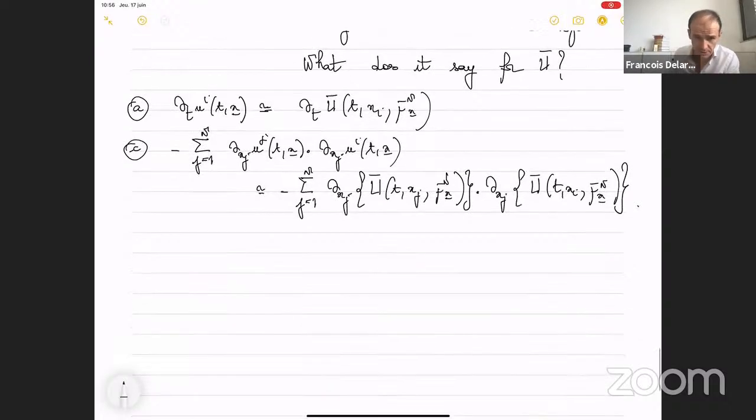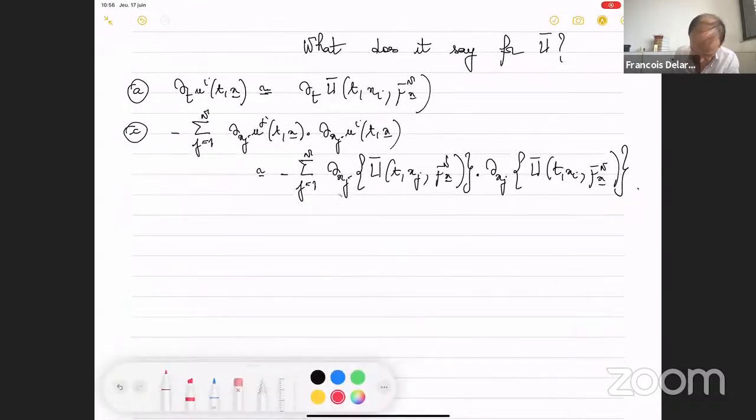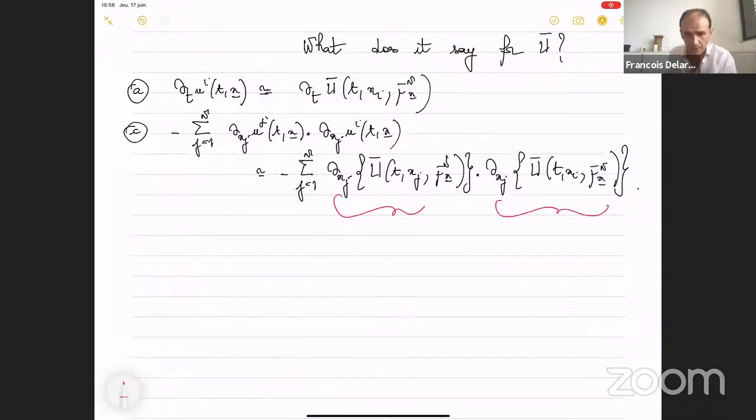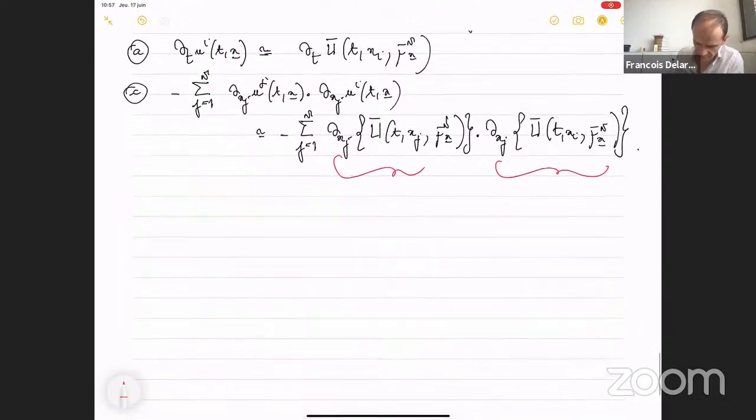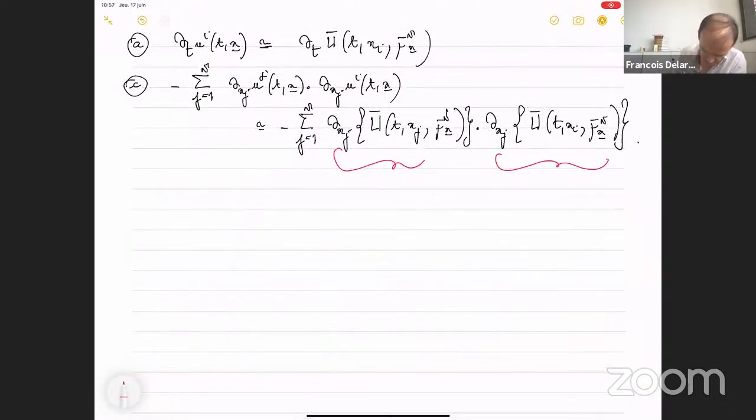And now I have to compute those derivatives. How to compute this? Well, if you remember well, these are computations that we did yesterday. This is exactly the dictionary that I mentioned yesterday to pass from the derivative on the space of probability measures to the Euclidean derivatives. So when you take the derivative here, there will be the standard derivative of u bar in x, so dx u bar t xj mu bar N x underline.